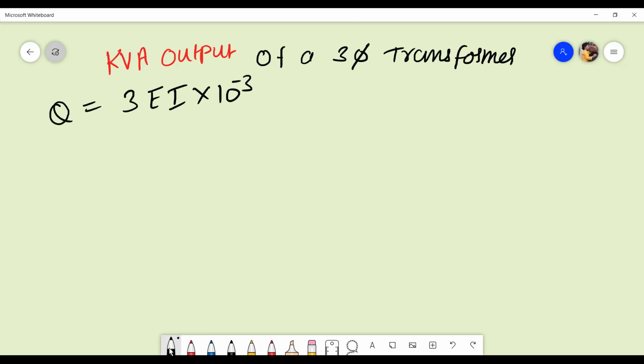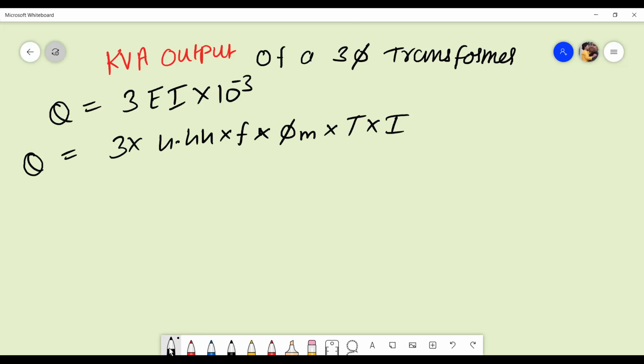Okay, and you know that Q is also equal to 3 into, what is E? The EMF induced for a three-phase core type transformer is 4.44 into the frequency in hertz into flux phi m, maximum amount of flux, into number of turns, into I, the current, into 10 power minus 3.